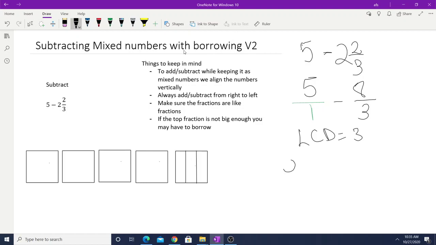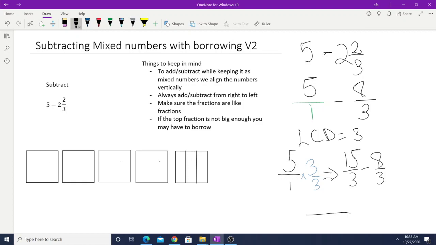So my first fraction, which is 5/1, can be multiplied with 3 top and bottom, and when we do that, I'm just going to go ahead and write it out here, which gives me 15/3 minus 8/3.